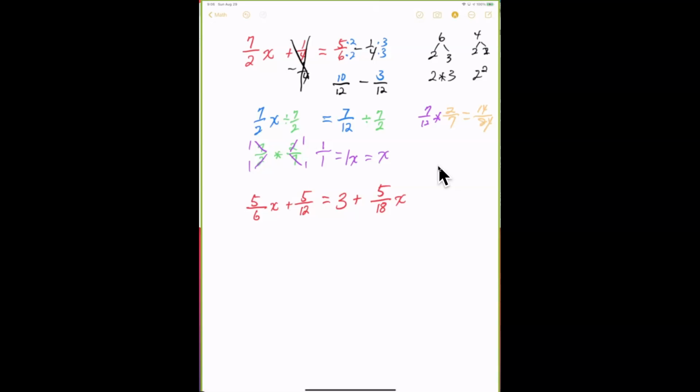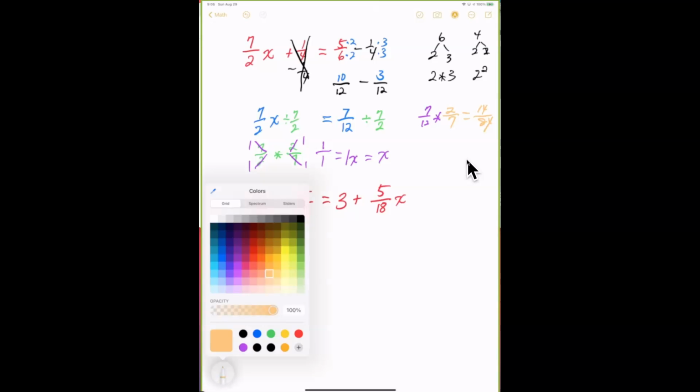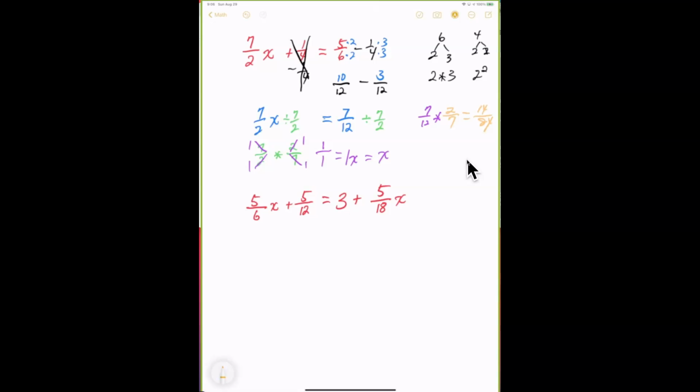We have 2 even numbers here. So we know this fraction can be reduced at least one time. So let's do that and see what we end up with. Let's go to orange. All right, so 14 over 84. We're going to divide the top and the bottom by 2. So we get 7 over 42.